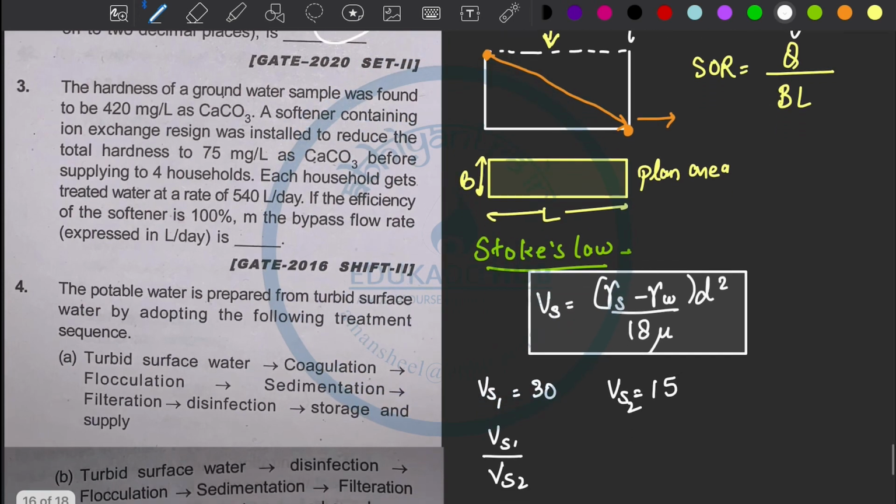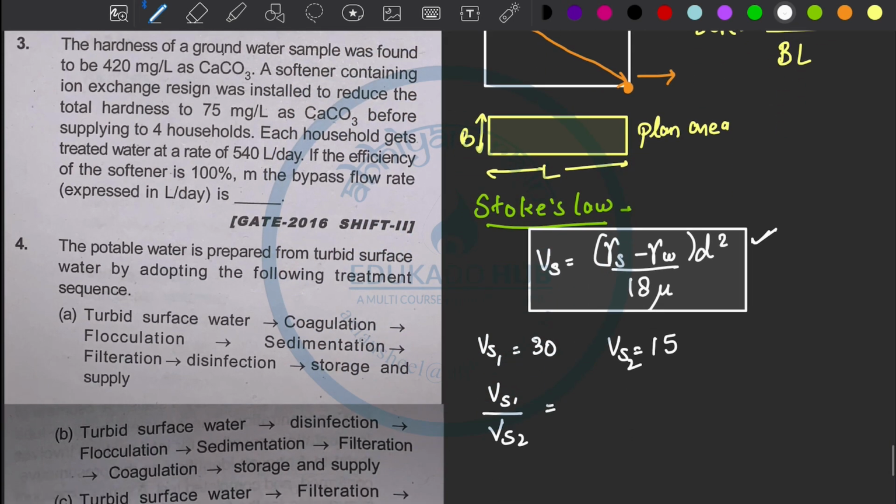From the settling velocity we can see that the ratio of settling velocity, if all other parameters are the same, will be proportional to the square of diameter.